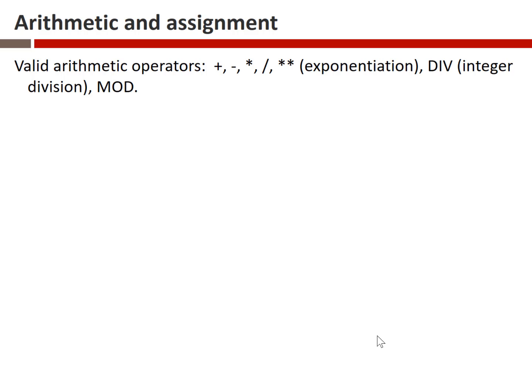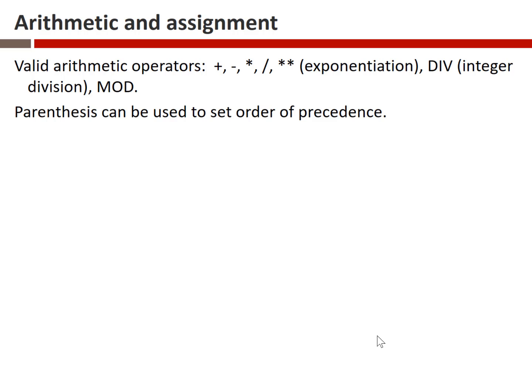I'm not going to go back through those order of precedence rules, but I will say this. If you are ever doing a calculation that has the potential to be confusing because of order of precedence, just use parentheses in your code. Even if technically you don't need to, for maintainability, it's better to do that.